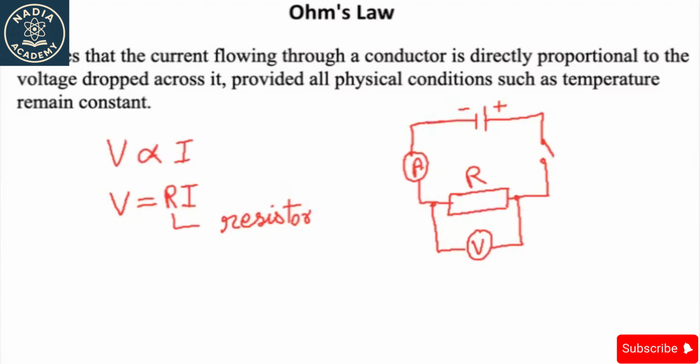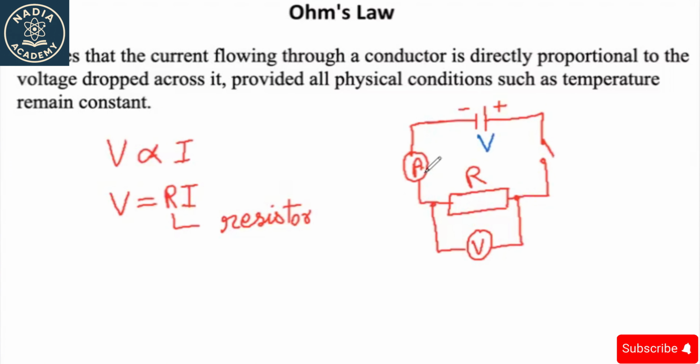So now first let me explain this circuit a little more. What is going on here is that we have a source of current, and this is our battery that would have a potential difference V. And in this circuit we have an ammeter, and this ammeter is connected in series with our resistor, which we need to investigate.